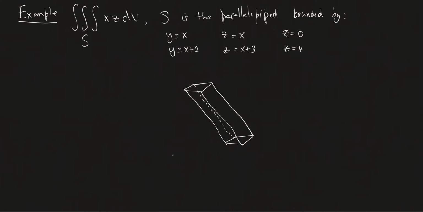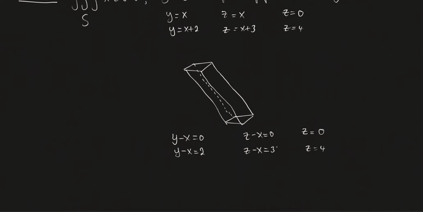So if I take the first pair, I write y minus x equals 0 and y minus x equals 2, and that's good. If I take the middle pair, I would have z minus x equals 0 and z minus x equals 3. Now, I don't have to do anything for the third pair because there's only one variable in this pair of equations, it's already isolated on one side, and I already have constants on the other side.